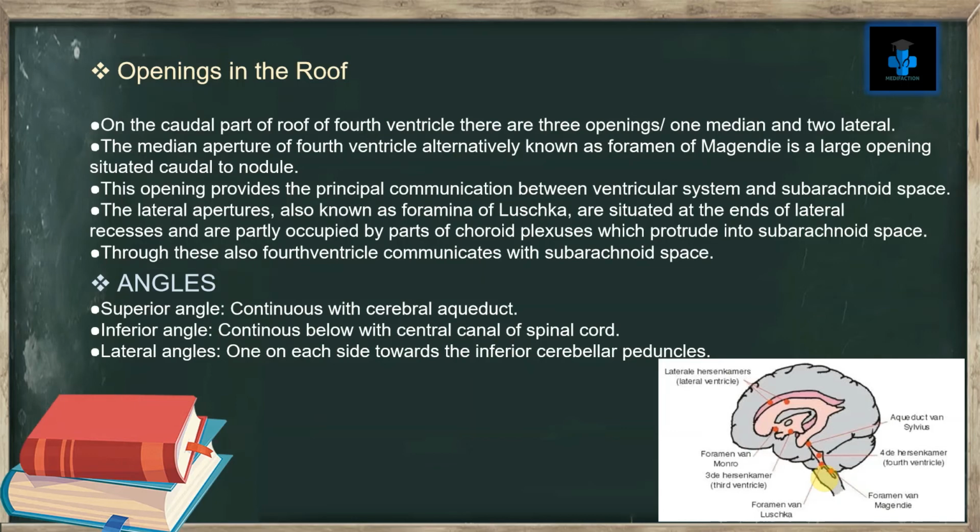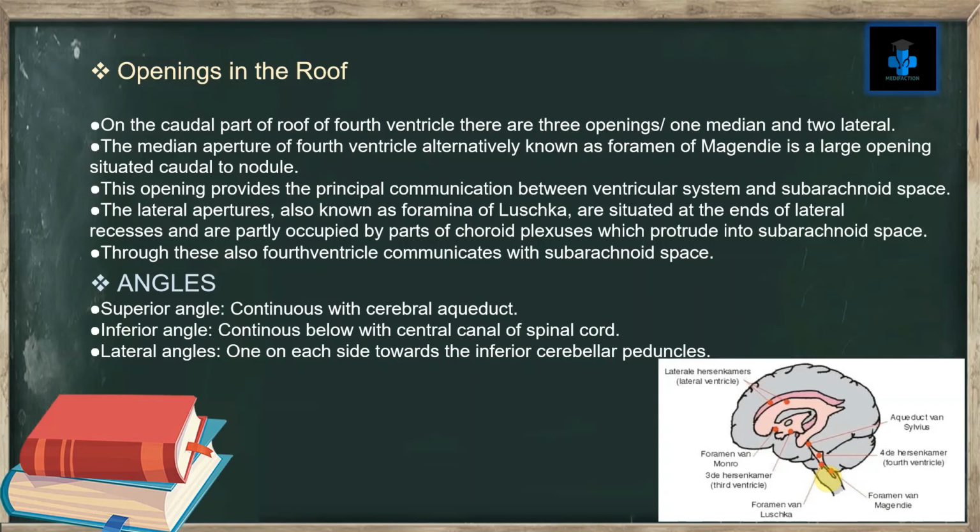The lateral apertures, also known as foramina of Luschka, right here, are situated at the ends of lateral recesses and are partly occupied by parts of choroid plexus which protrude into subarachnoid space.